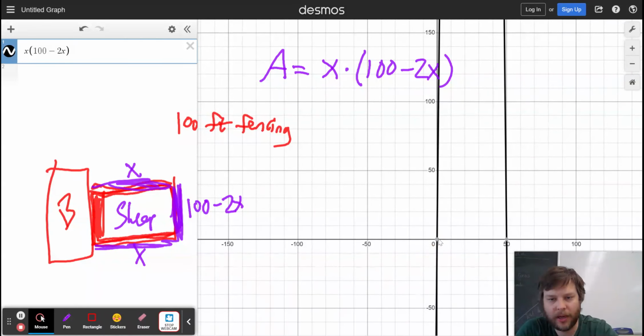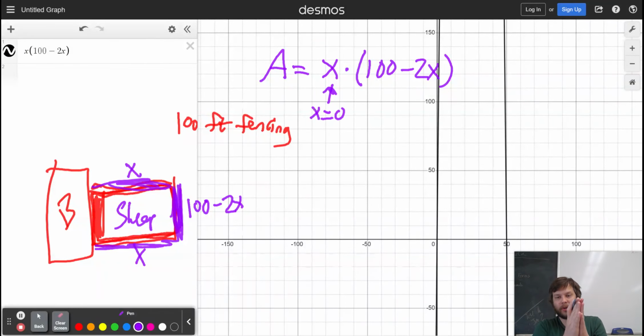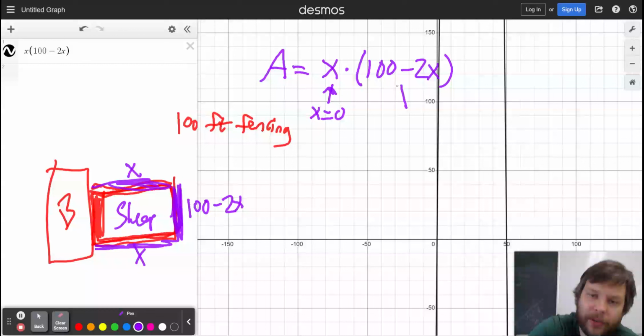What's pretty obvious from the graph and somewhat obvious from the equation are my two x-intercepts. I can see that x equals 0 will make the fence 0. Obviously, if you don't go anywhere away from the barn, you don't have anywhere for your sheep to go. Now 100 minus 2x is a little harder to find the x-intercept.